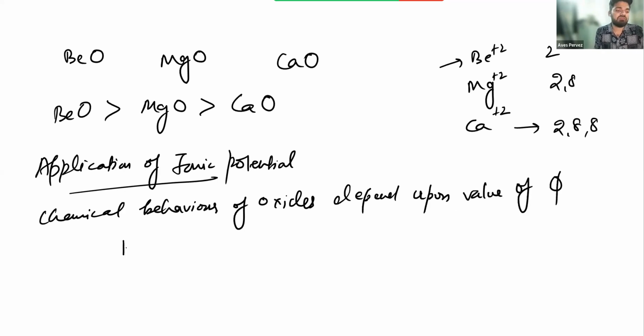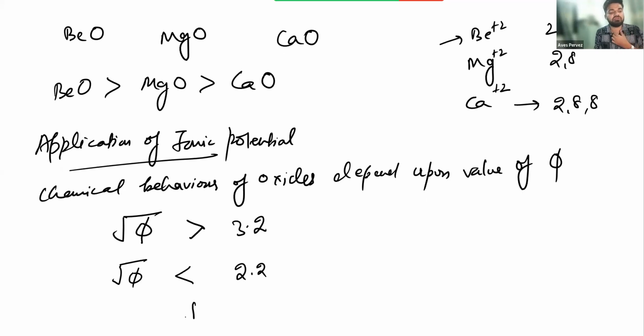If we have root phi, and it has the value 3.2, and if the value of phi is greater than 3.2, or if it is less than 2.2, or if it is greater than 2.2 and less than or equal to 3.2 under the root, we can have different values.